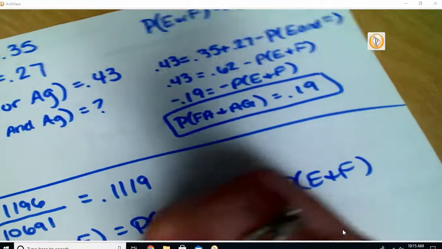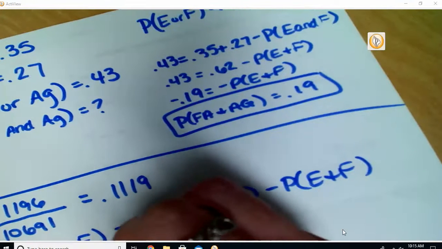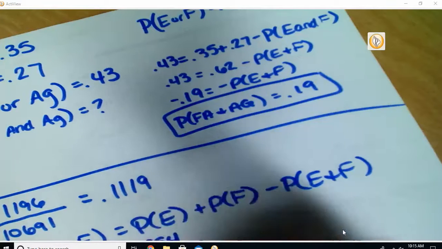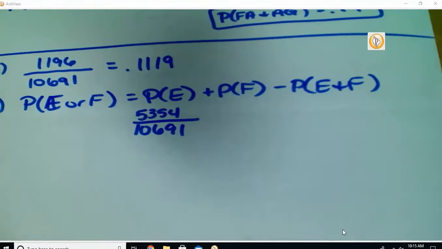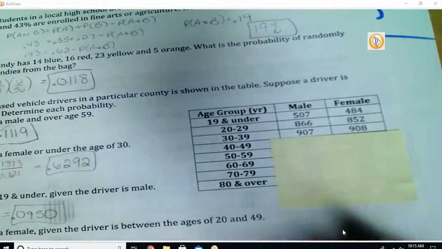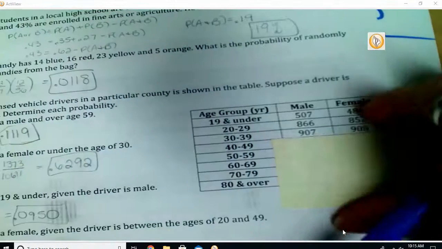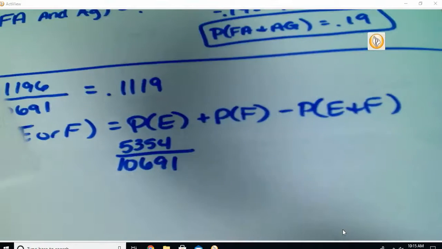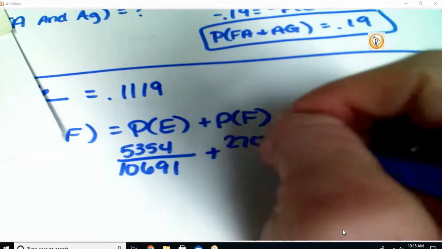So the probability of E, probability of being a female, there were 5,354 females out of the 10,691 total. Probability of F. F is under the age of 30. So that means you can be any of those four things. So if I add those four together, I get 2,709.